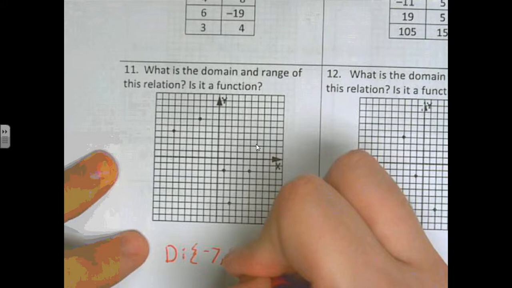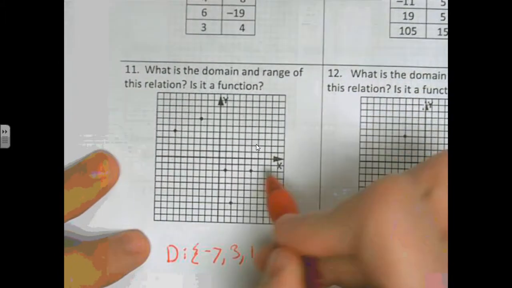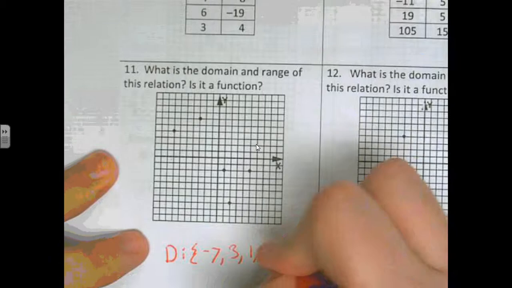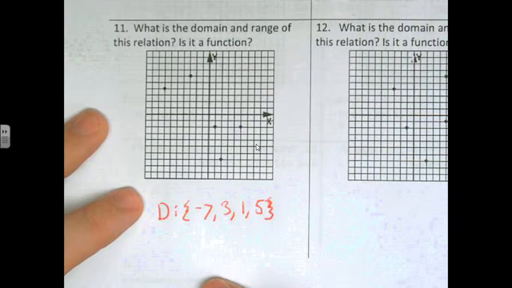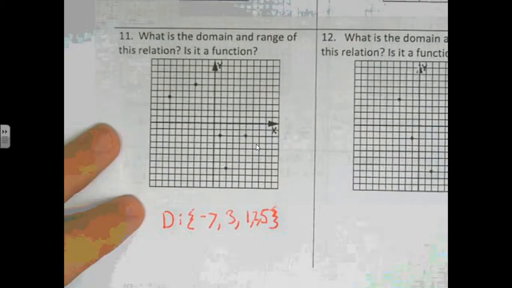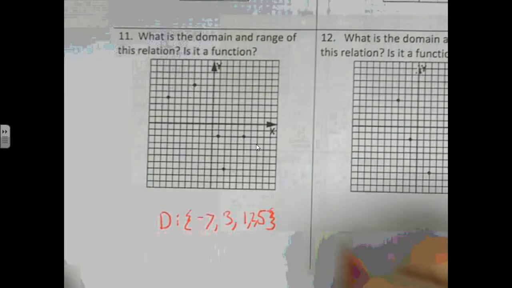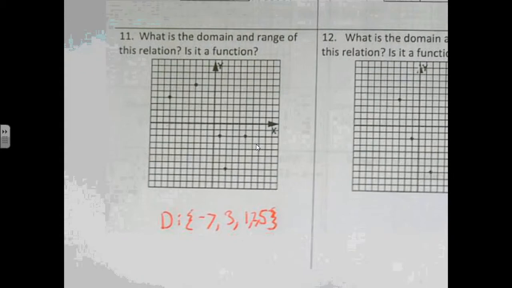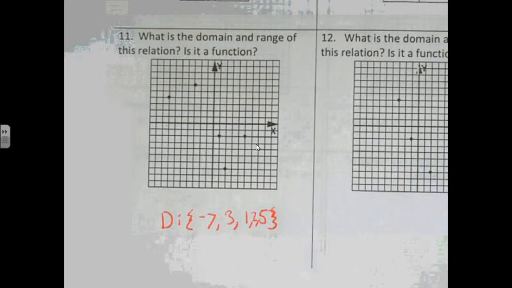And then 3, and then 1, and then 5, and 2. That's a curly bracket, it looks like a 2.